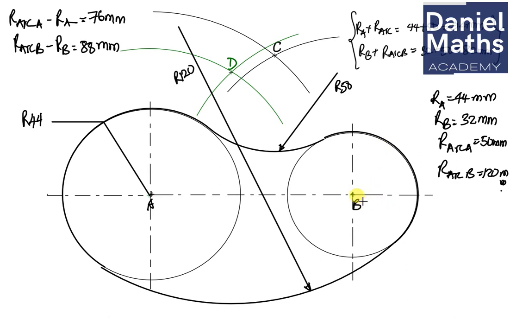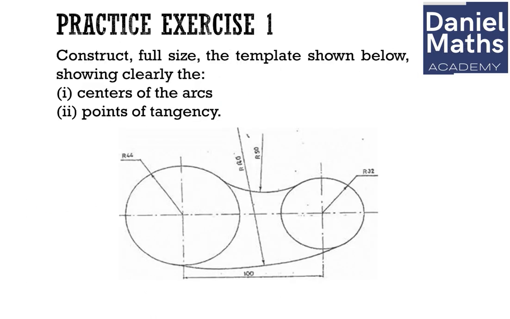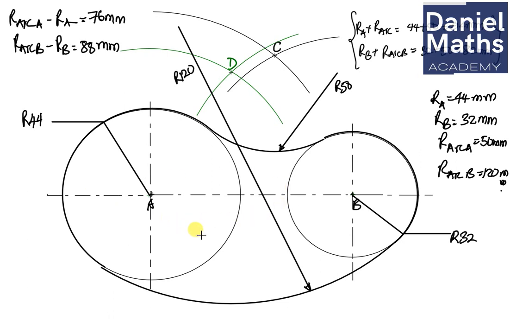I'm going to have it from here to here, and from here also to here. I'm going to call this radius 32, arrow 32. Okay, so that is what we have so far for this entire diagram. Is there anything that we're missing? Finally we have the distance from this point to this point.